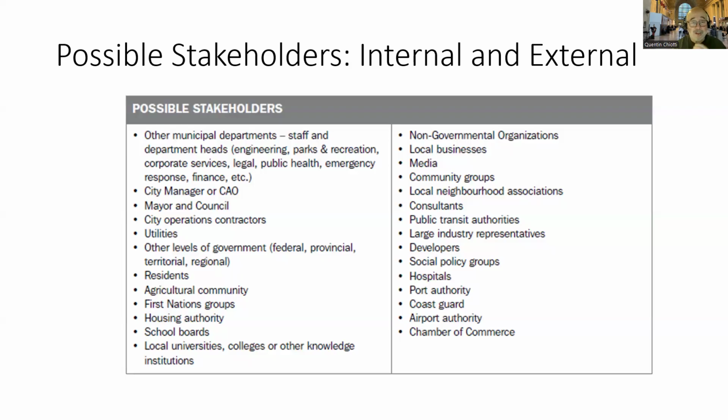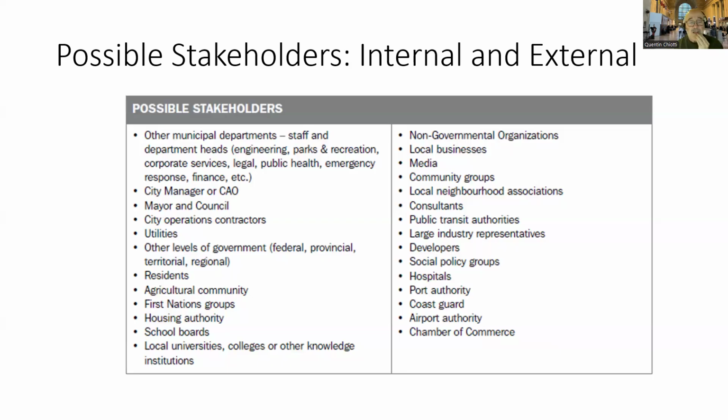So who are the stakeholders? You can see this on this table: other municipal departments, that would be internal, city manager, city operations, contractors, and then possibly utilities, which is a bit both internal and external.